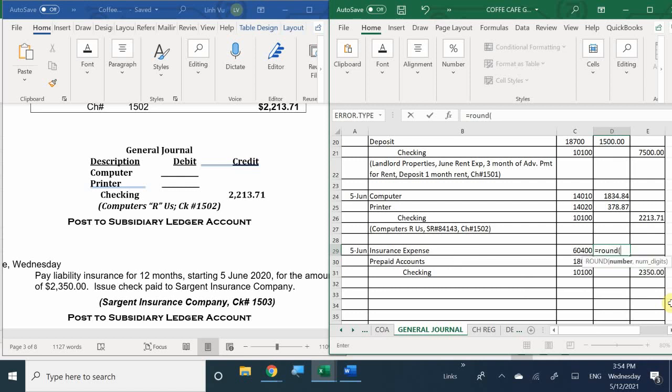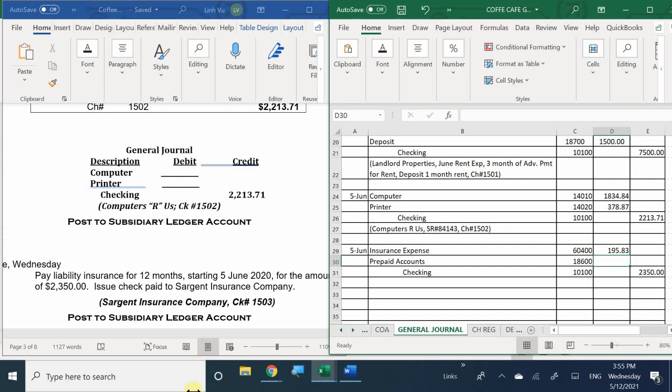So we're going to take my 2,350 divided by 12 months, which gives me that my expense for the month of June is $195.83. That's 1 month's worth.